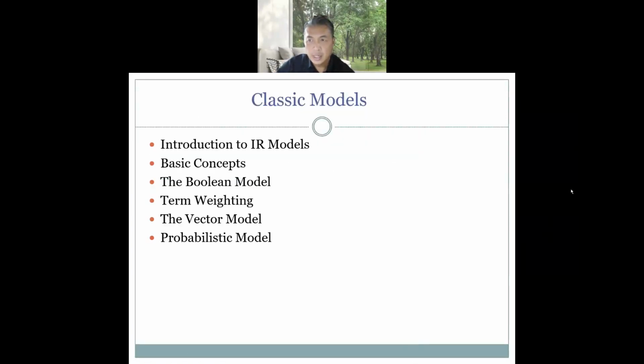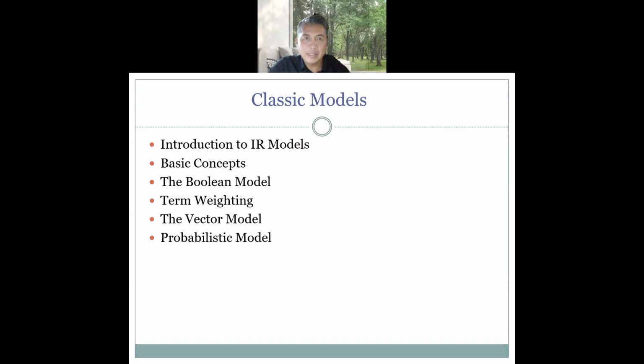Okay, so the session for today, we will look into some introduction about IR models, the basic concept, and also the first model. We call it the Boolean model, and then we move on to term weighting, and then after that we improve term weighting by introducing the vector model that will use the probabilistic model.